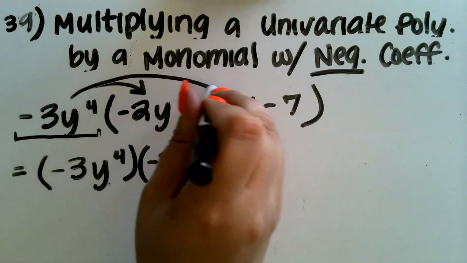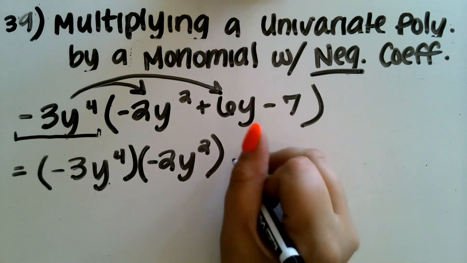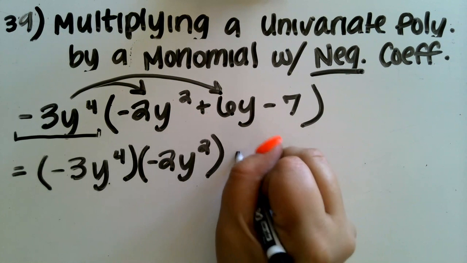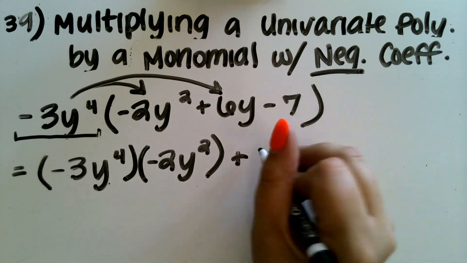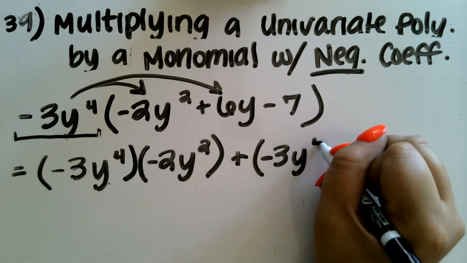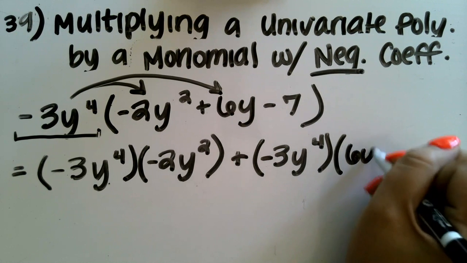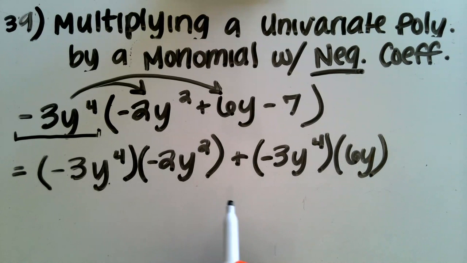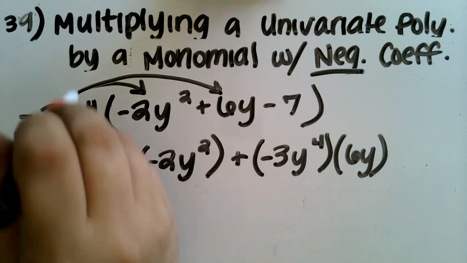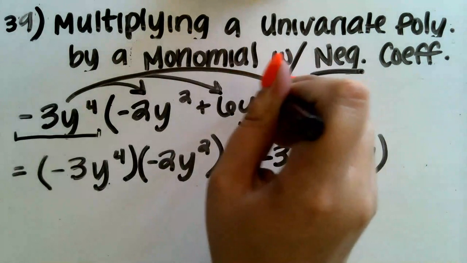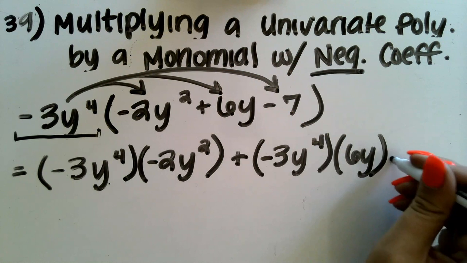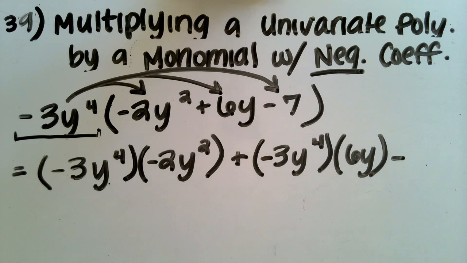Now let's distribute into the second term. This time I'm going to add in that plus in between, plus negative 3y to the fourth power times 6y. Okay, we successfully used our second one now. Now this third term, there's a subtraction in there, so I'm going to rewrite this as a subtraction.